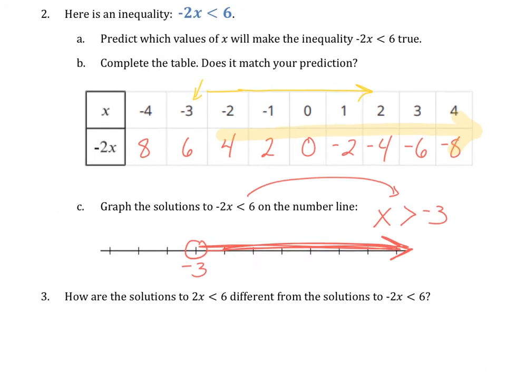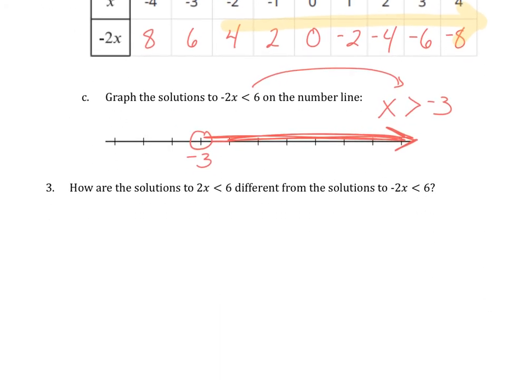Okay, let's go ahead and finish this up. For number 3, we're just answering the question, how are the solutions to 2x is less than 6 different than the solutions to negative 2x is less than 6? Well, for 2x is less than 6, all the solutions were going to be less than 3. So we kept the sign. x was less than 3.